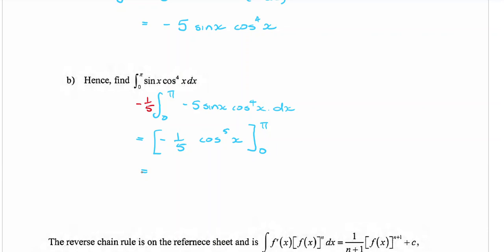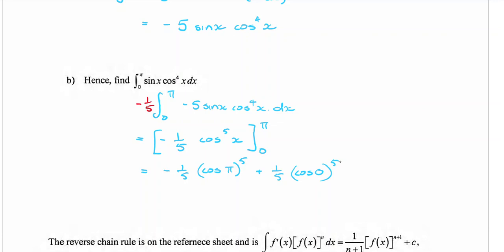And sub in from our square brackets. We have minus 1/5 cos of pi to the power of 5. You have to put cos of pi in brackets to the power of 5 to put that into your calculator. Okay, then minus minus makes a plus, 1/5 cos of 0 to the power of 5, which will be equal to 1.